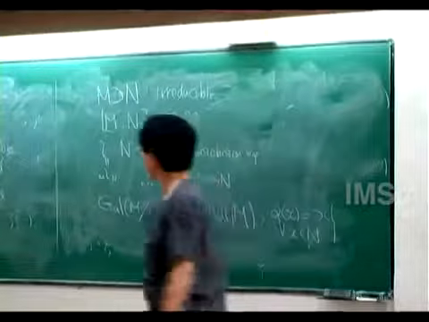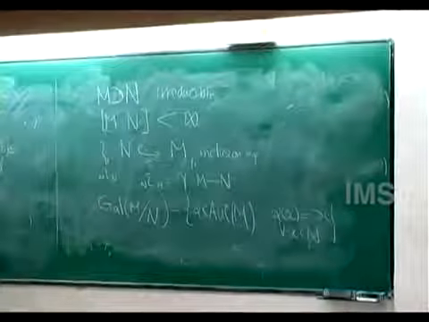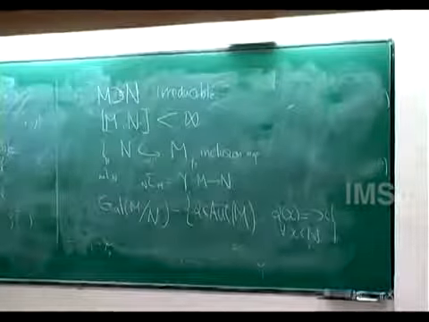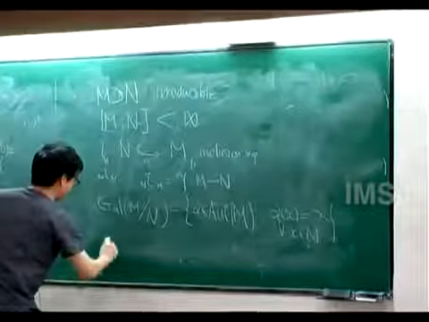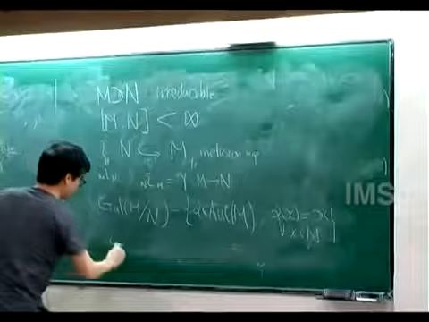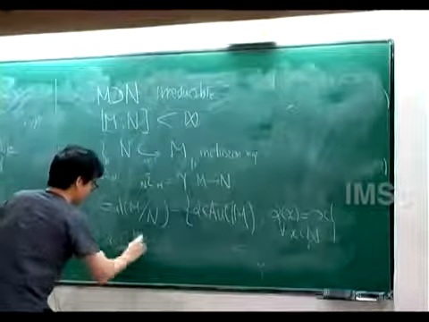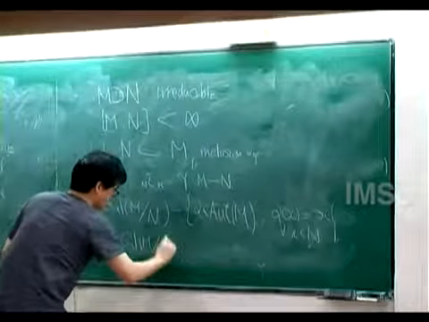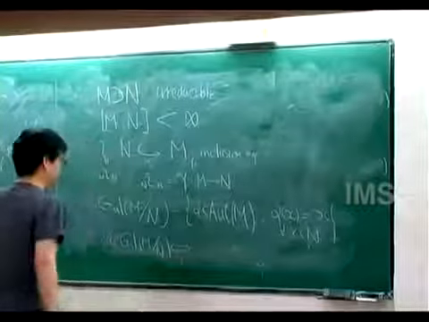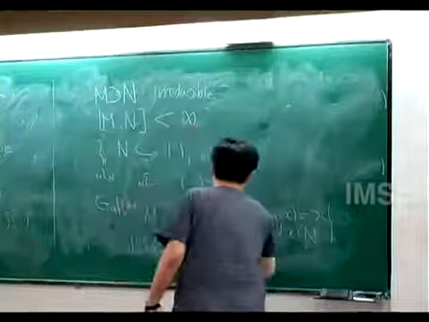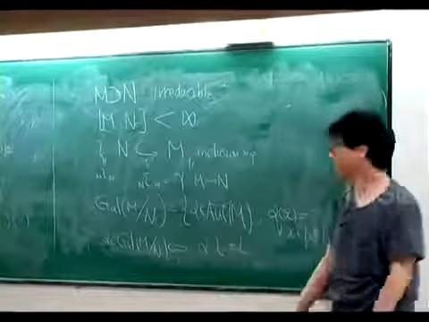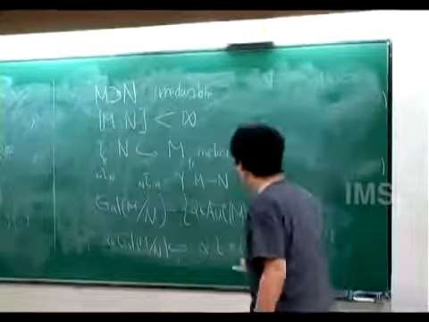Then the easy observation is that alpha is an automorphism in the Galois group if and only if this equation holds, because this is just an inclusion map.